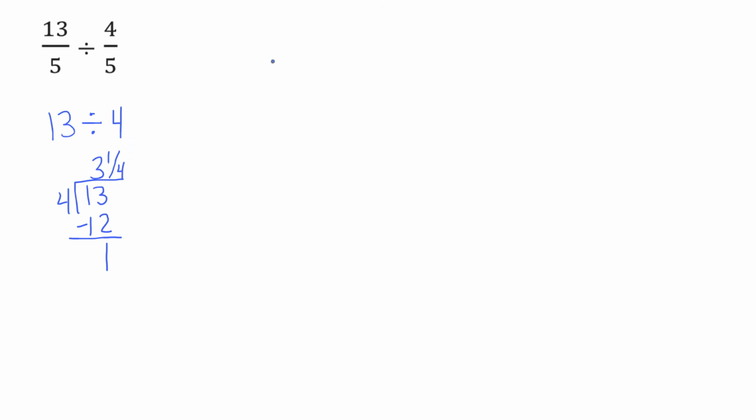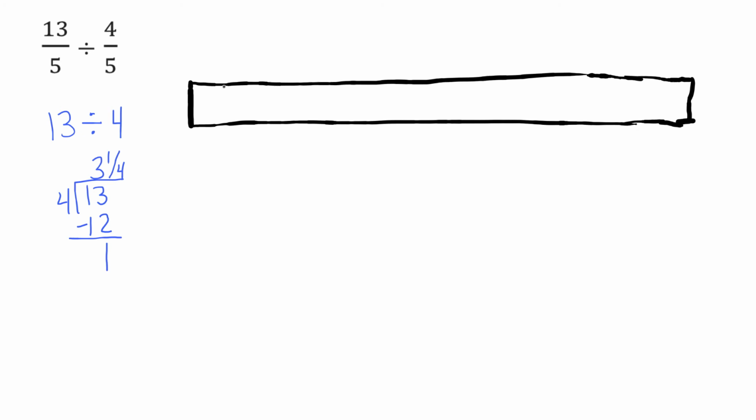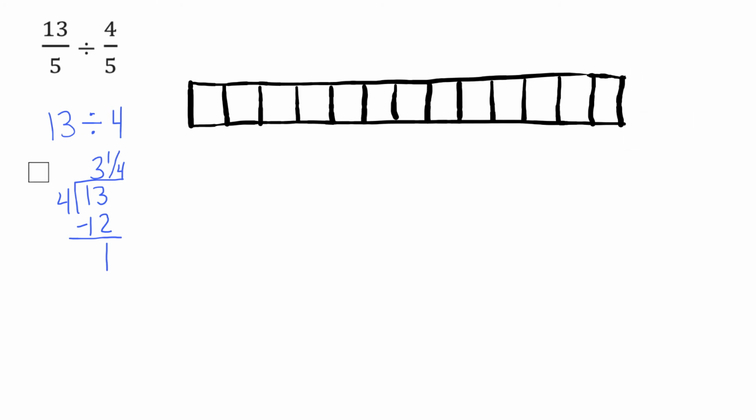Now let me show you how this is done graphically. Let me draw a tape diagram. Okay, so I've got 13 fifths, right? 1, 2, 3, 4, 5, 6, 7, 8, 9, 10, 11, 12, and 13. We could say that 1 is right here. 1, 2, 3, 4, 5.